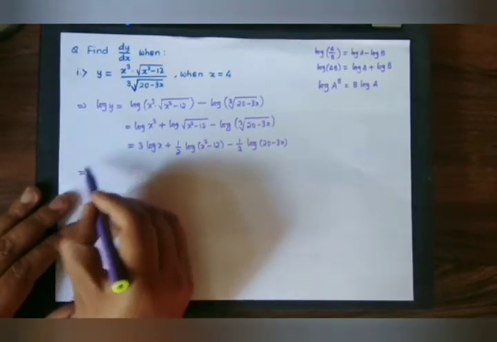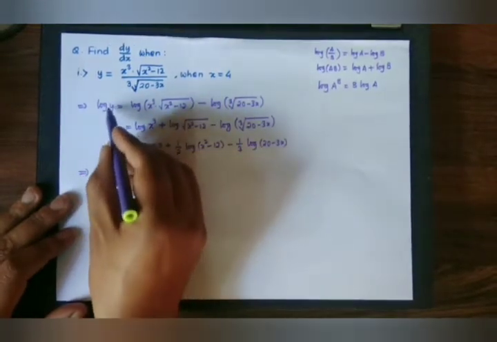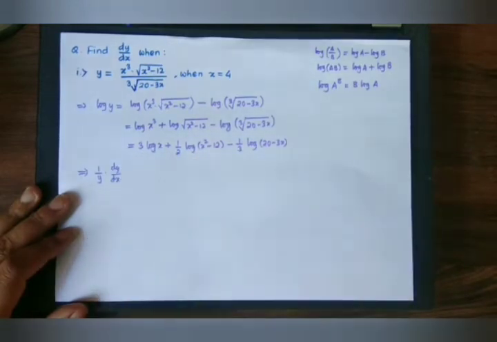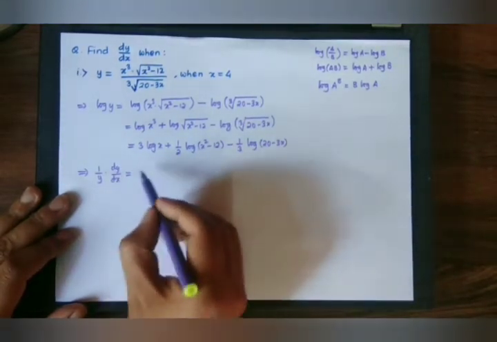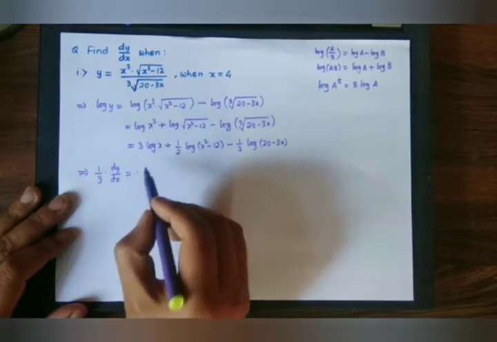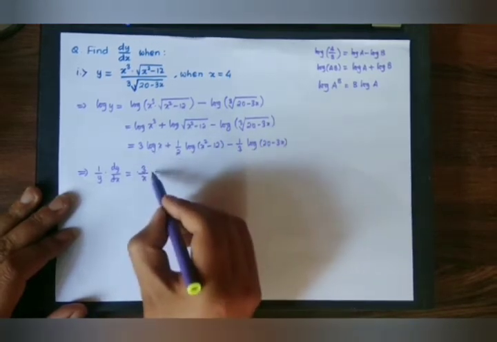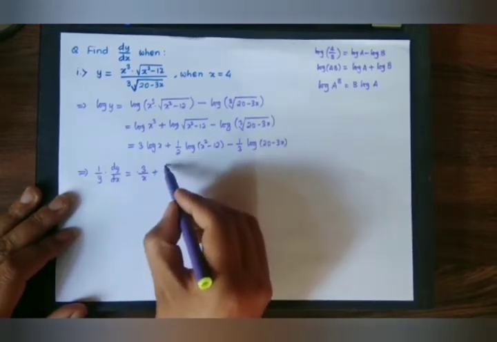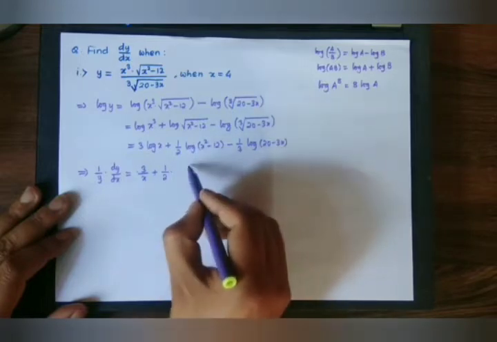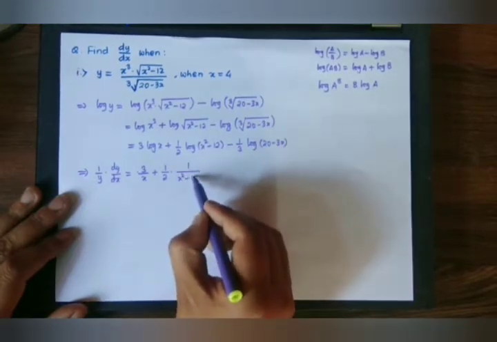Now let us differentiate both sides with respect to x. Whenever I differentiate, differentiation of log y will be 1 by y into dy by dx, right? So 3 into the differentiation of log x is 1 by x, so that's why it becomes 3 by x here, plus half into, now differentiation of log becomes 1 by something, and that something is x squared minus 12.